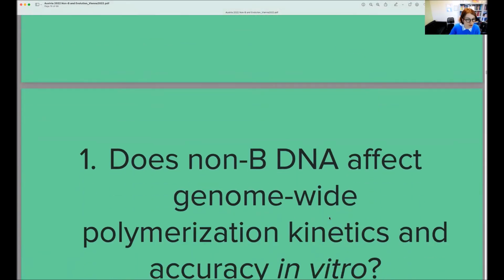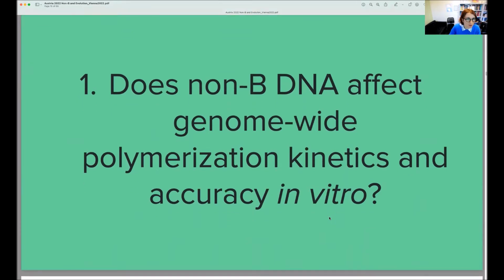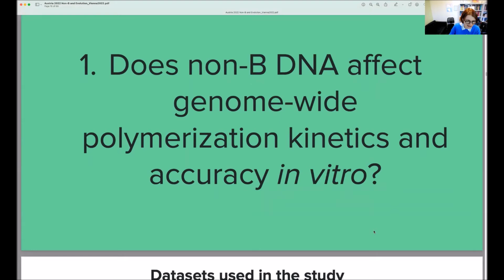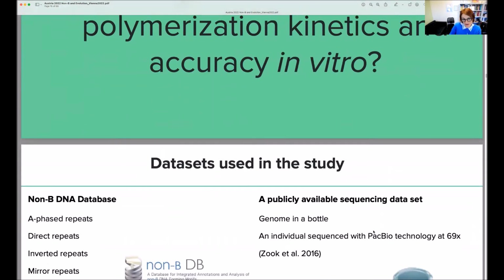Moving on to the first topic, we wanted to ask whether non-B DNA affects genome-wide polymerization kinetics and accuracy in vitro. It sounds like, okay, what does this question have to do with anything? But let me tell you a story.